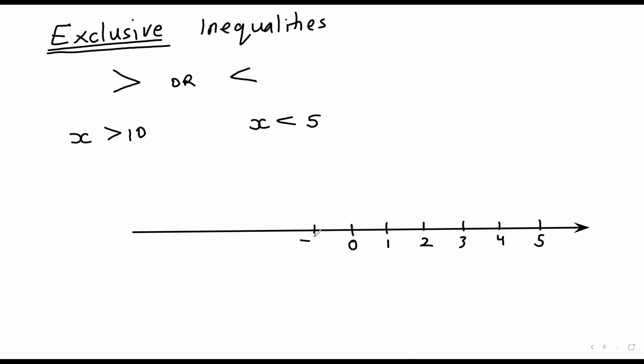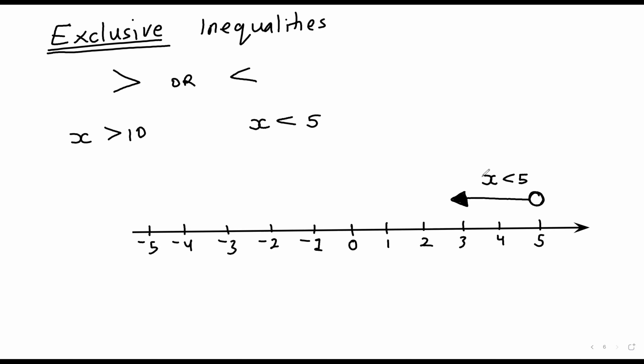And then to the left of 0, I have -1, -2, -3, -4, -5. If I wanted to show the inequality x is less than 5, what I will do is draw an unshaded circle above 5, and my arrow is going to point to the left, because on the number line, all of the numbers to the left of 5 are less than 5.